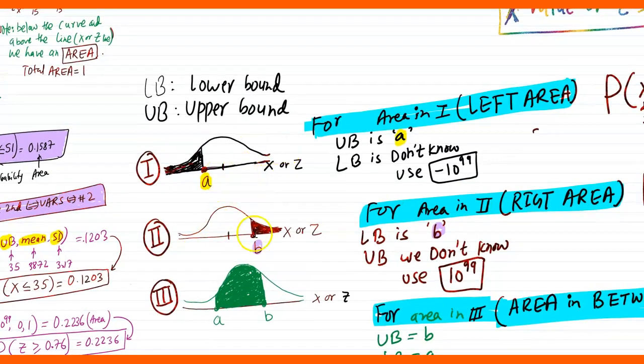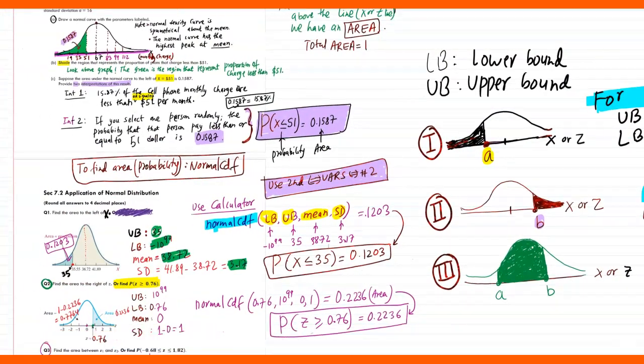Remember, what do we say about the right area? For the right area, this point here, whatever x or z, is going to be lower bound, right? And upper bound, we don't know. Then we use 10 to the power 99. Make sense? That's what you need to be careful about, upper bound and lower bound.